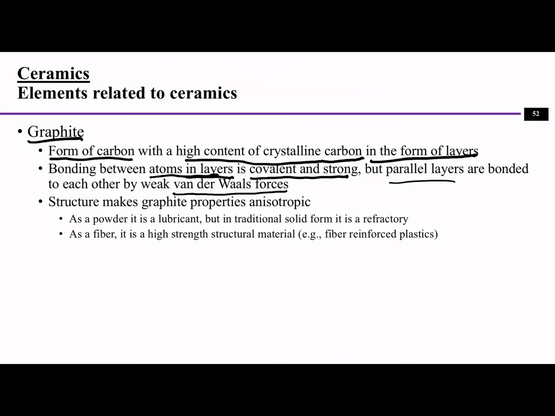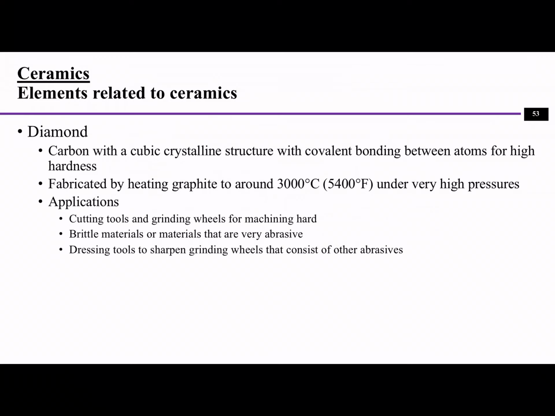If it is a powder, usually you can use it as a lubricant. And if it is a fiber, then it forms a very high strength structural material, for example, carbon fiber, right? Well, diamond. We know that diamond is the hardest material in the world, and it is pure carbon, right?